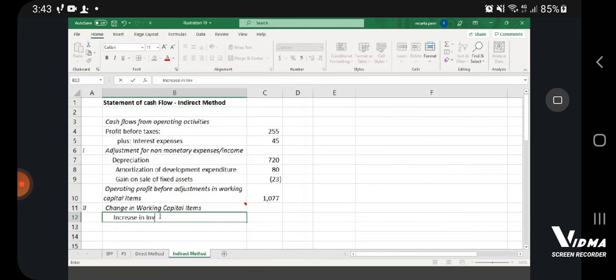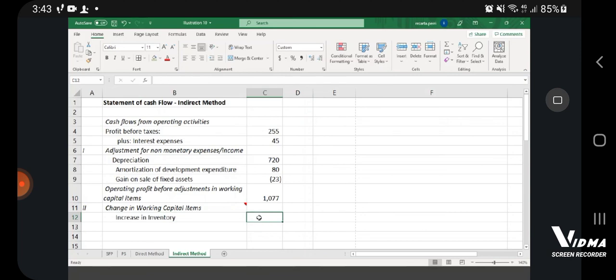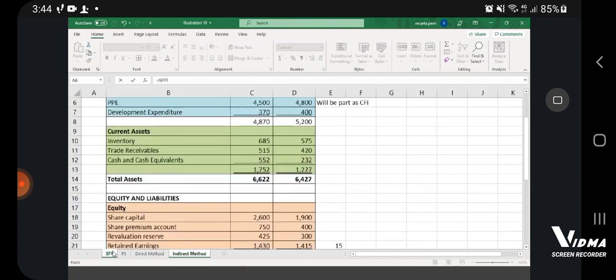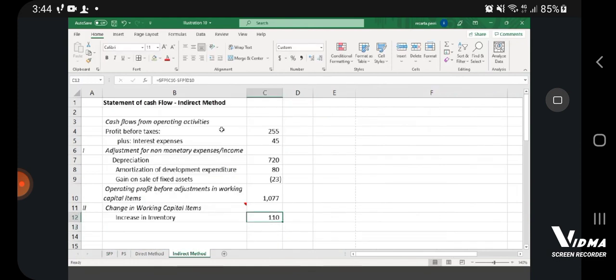in inventory. Remember that the increase in inventory is going to be taken into account with a minus sign. Again, why? Because increase in inventory means less cash for us. So increase in inventory is going to be taken into account with a minus sign, just to be sure that we do not make mistakes with signs, okay?